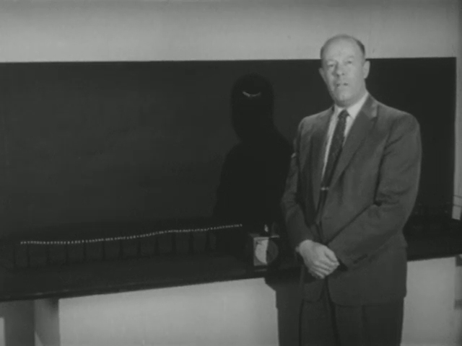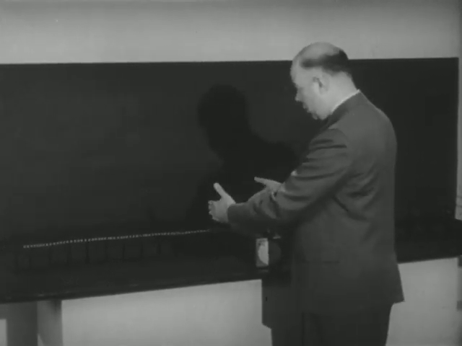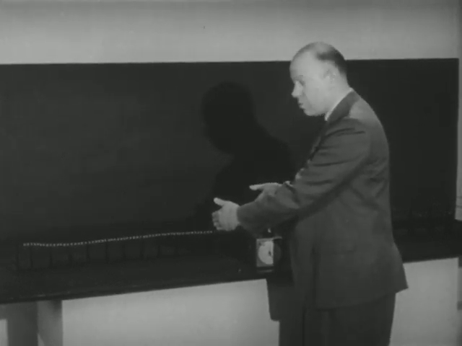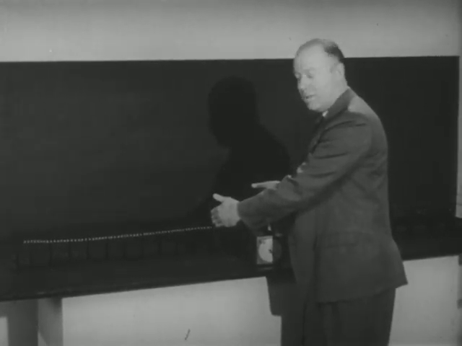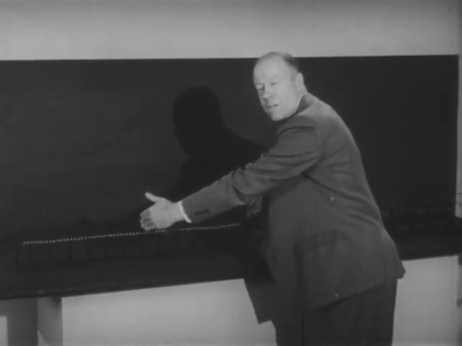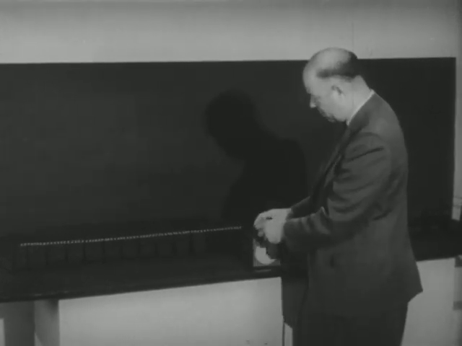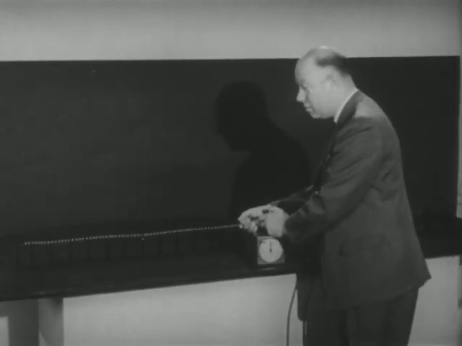Now let's study a wave of different shape. So far, the pulses we have been using have been little short pulses, maybe 5 or 6 inches long. Let's now launch a pulse which is half the length of the entire machine and see how that travels. Here we go. Start.